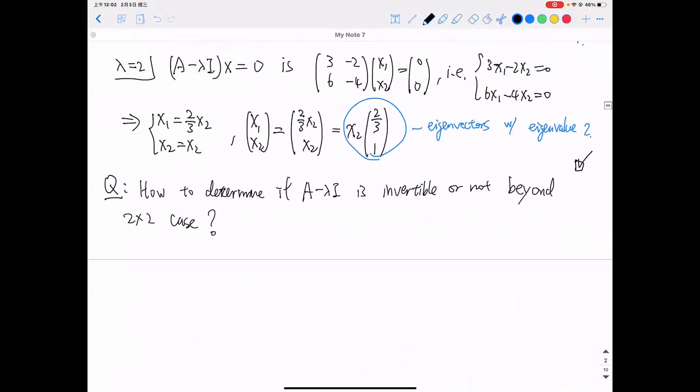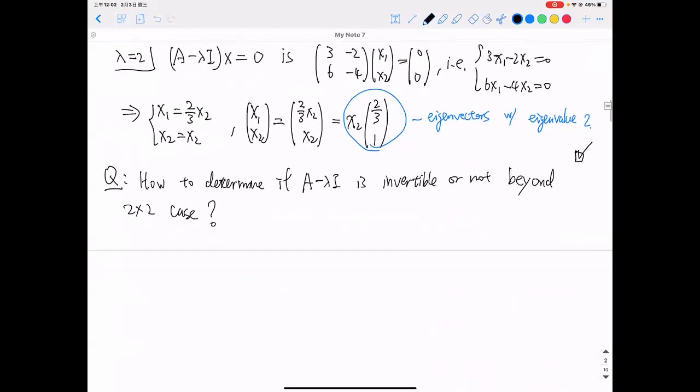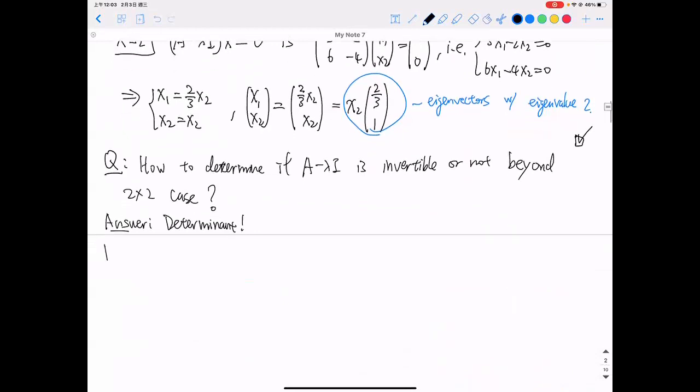In order to deal with the general case, we're going to need some notion. The answer to this question is what we call the determinant. Okay. And let's begin with defining the determinants and spend some time on this. So suppose A is 2x2.